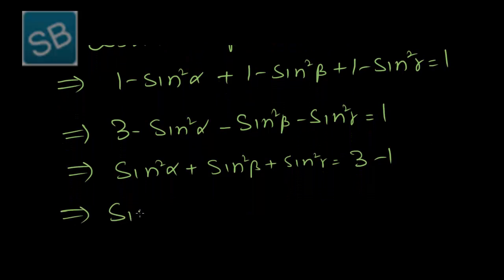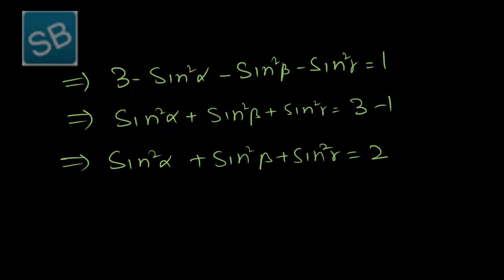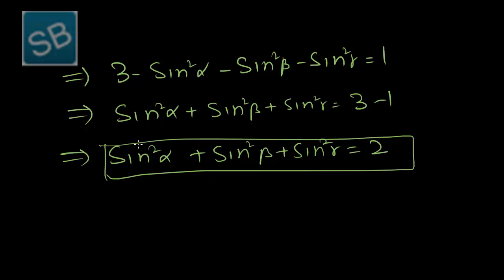So we get sin square alpha plus sin square beta plus sin square gamma is equal to 2, which is our required result. Now we have to find the value of cos 2 alpha, cos 2 beta and cos 2 gamma.